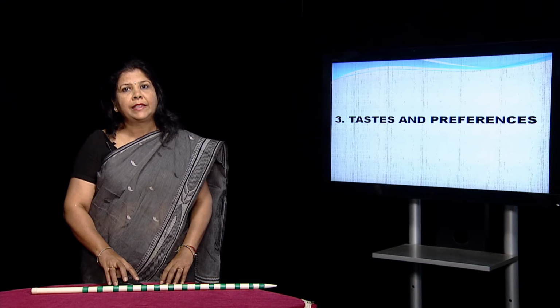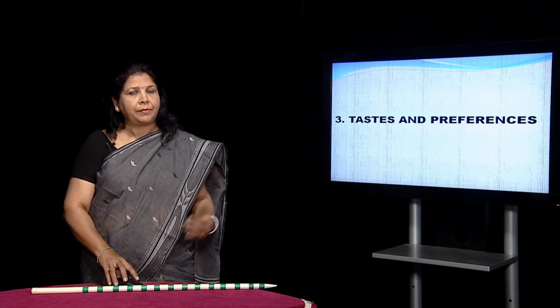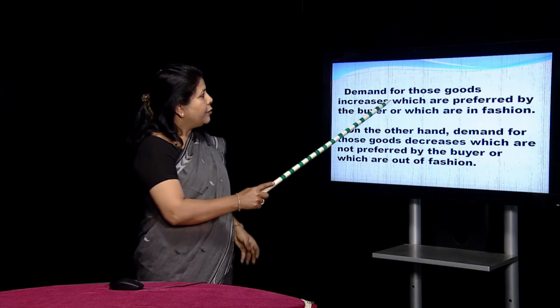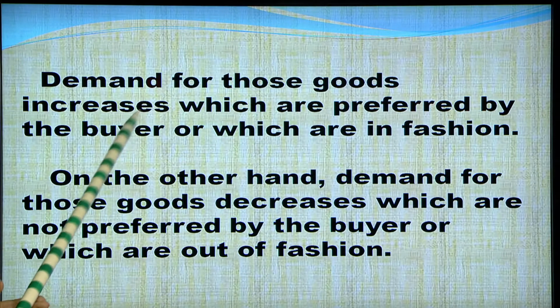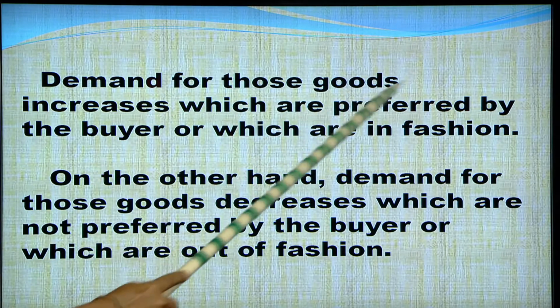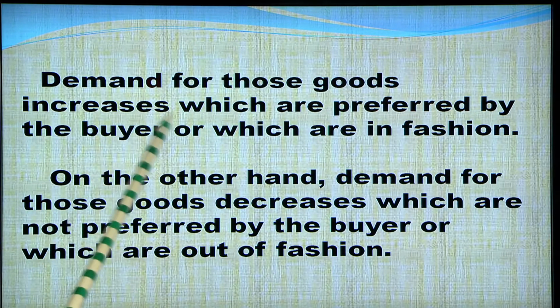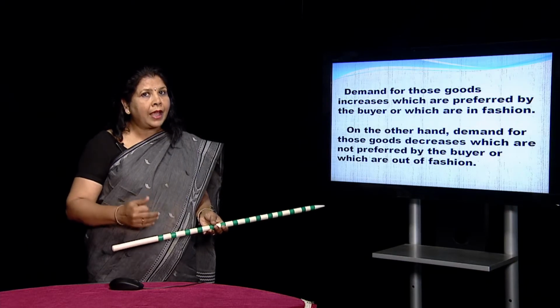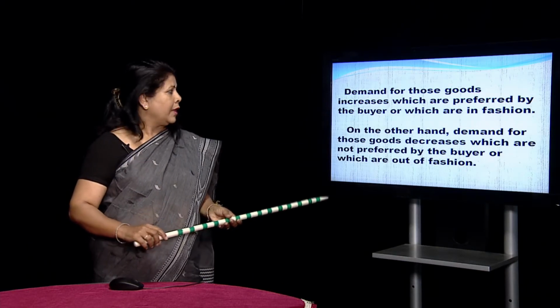This brings us to the third factor, which is tastes and preferences. Now, how do tastes and preferences, and as previously said, even fashion, affect the demand for a commodity? Demand for those goods increases which are preferred by the buyer or which are in fashion. So, goods which are in fashion will have an increased demand.